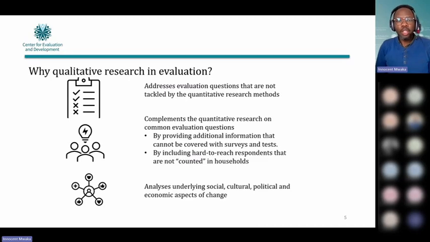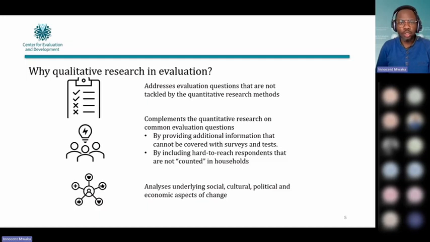And then also, to complement quantitative research by providing additional information, and also reach some respondents that are hard to reach, for instance.